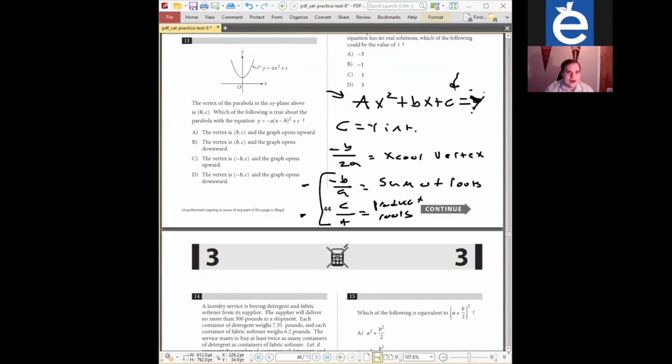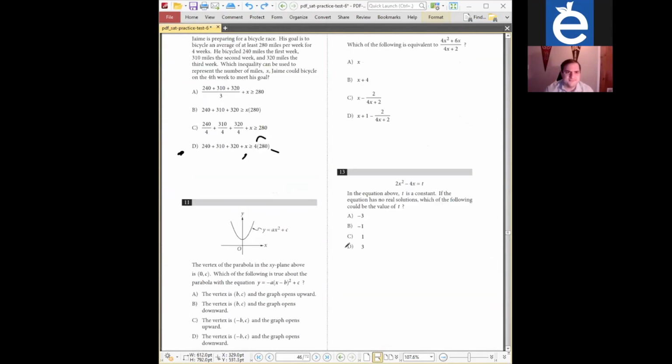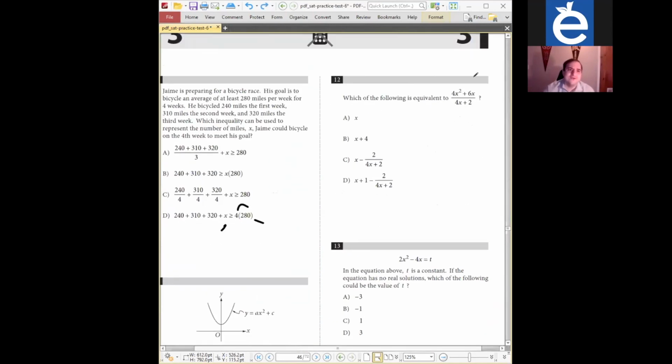Now we're going to move on to, we're making good time today, 12. Okay. There are 2 ways of doing 12. One involves synthetic division. Please don't do it that way. The way I want you to do this is, do you see how it says which of the following is equivalent, and there are variables in the question and variables in the answer choices?